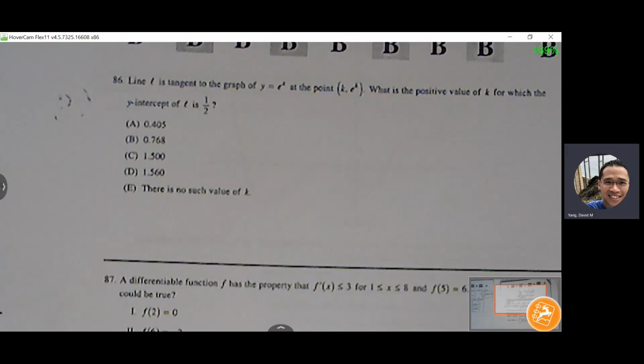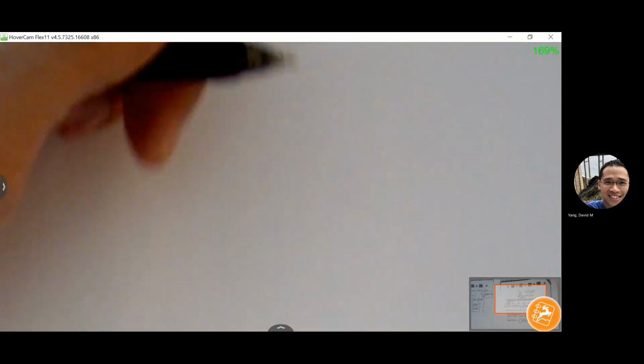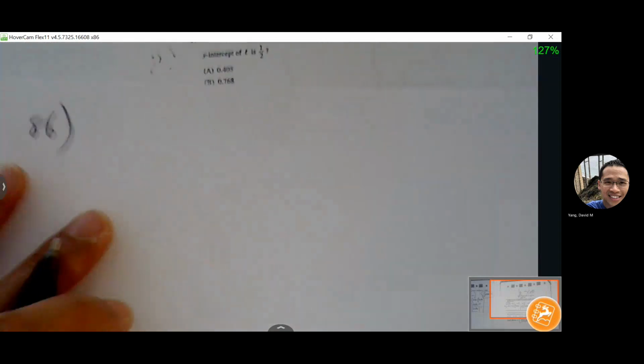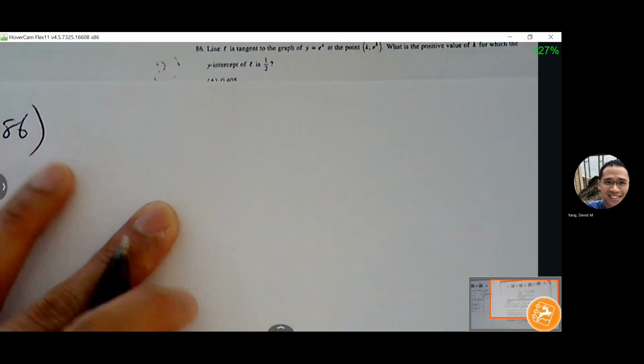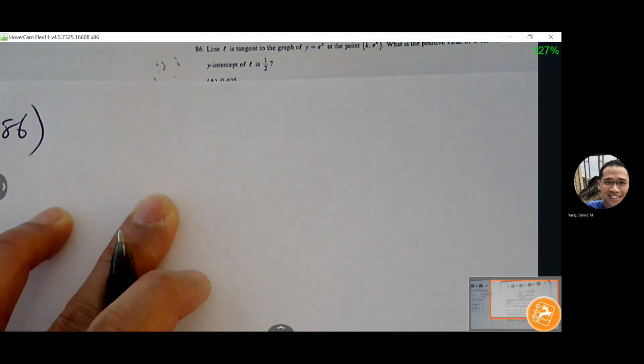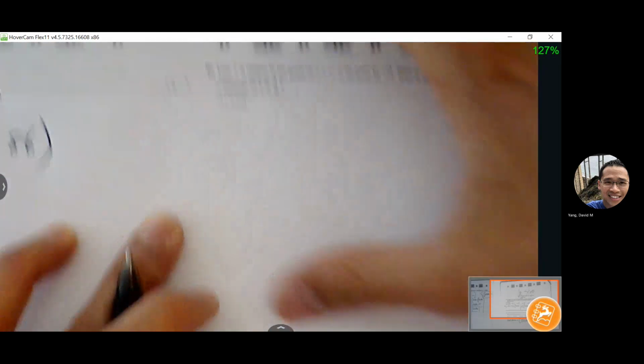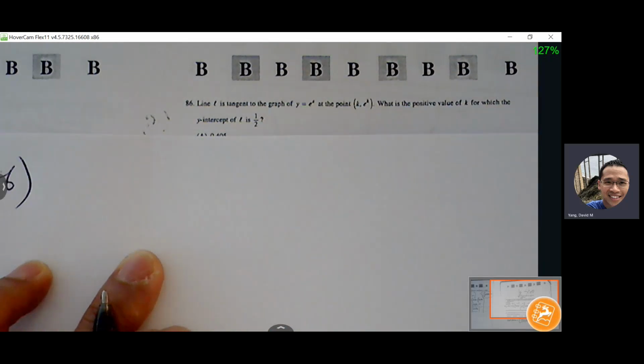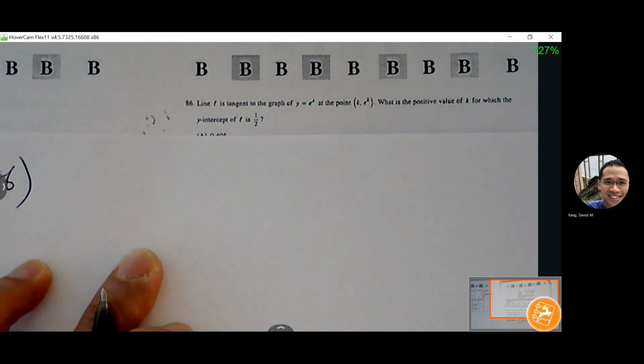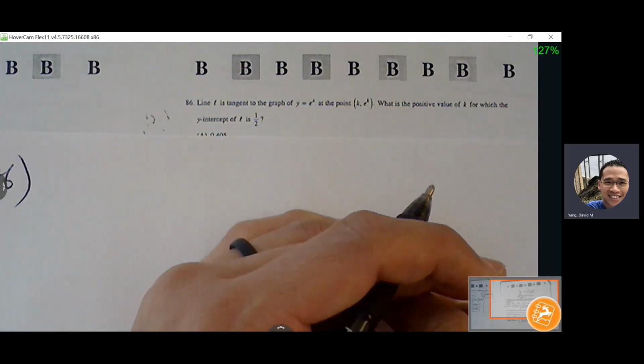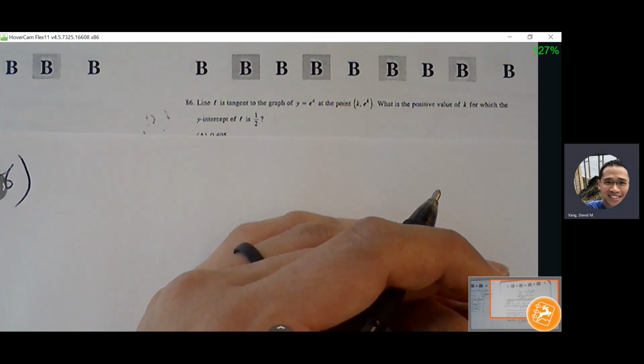Okay, 86. Longer. Line T is tangent to the graph of y equals e to the x at the point k, e to the k.